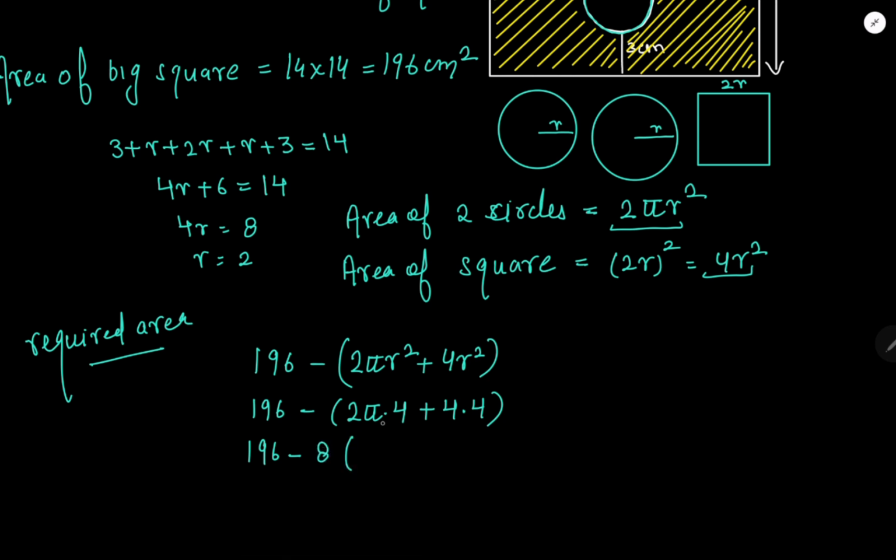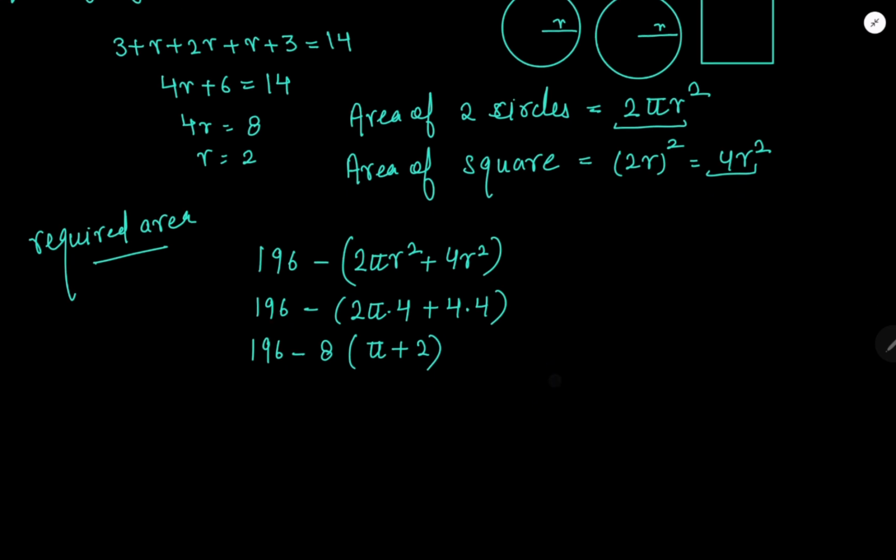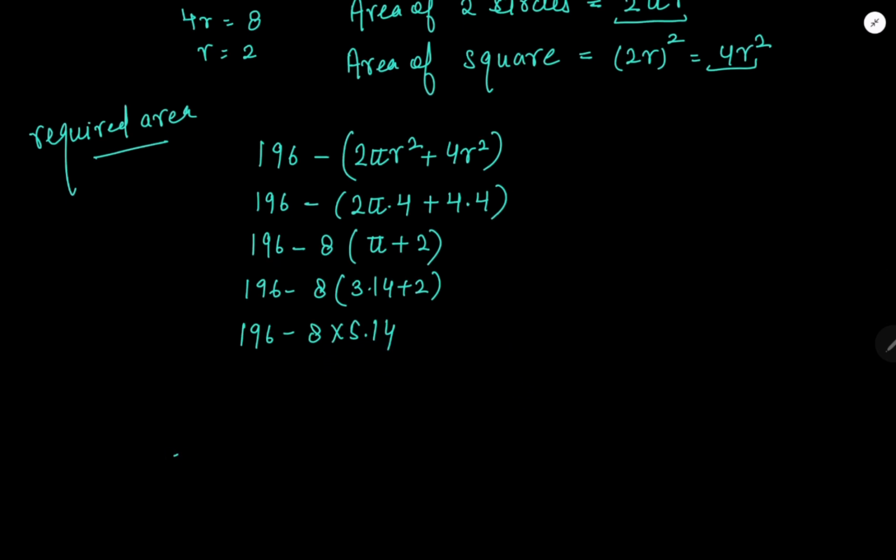Inside we have pi plus 2. So 196 minus 8 times, with pi as 3.14, plus 2, that is 196 minus 8 times 5.14.